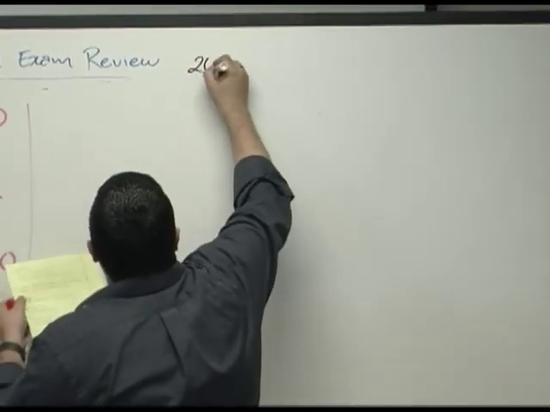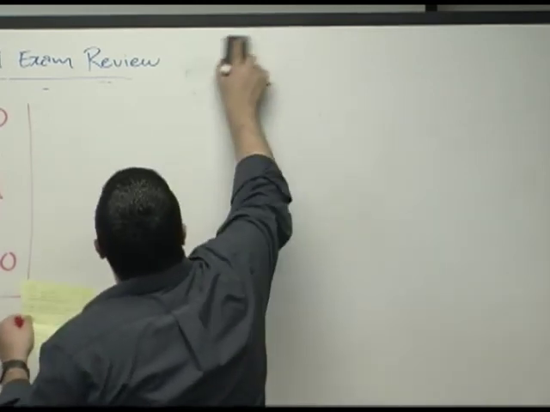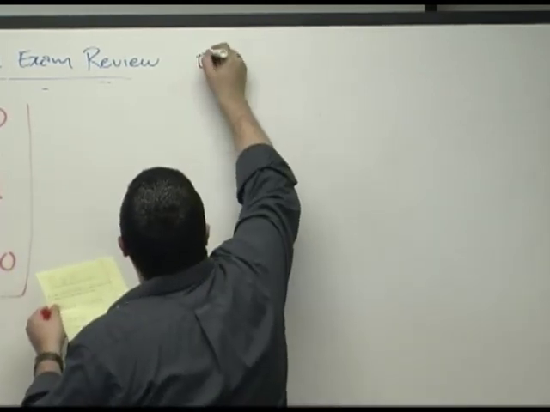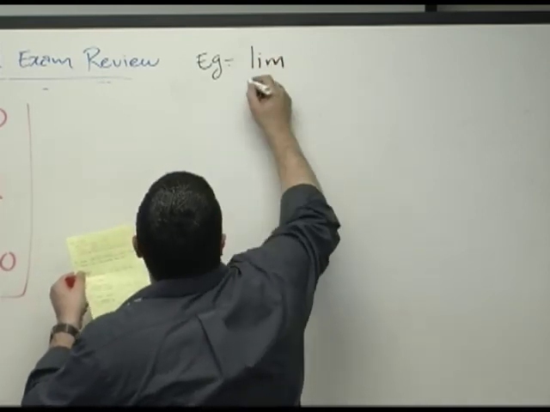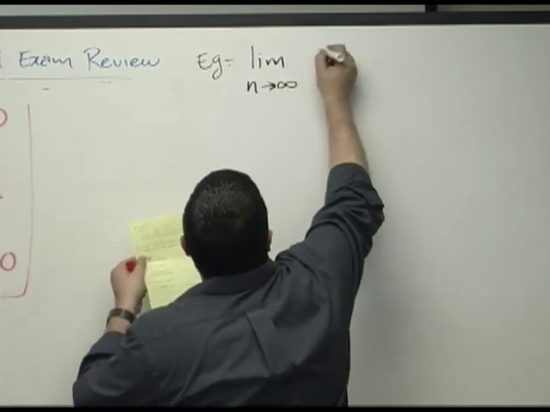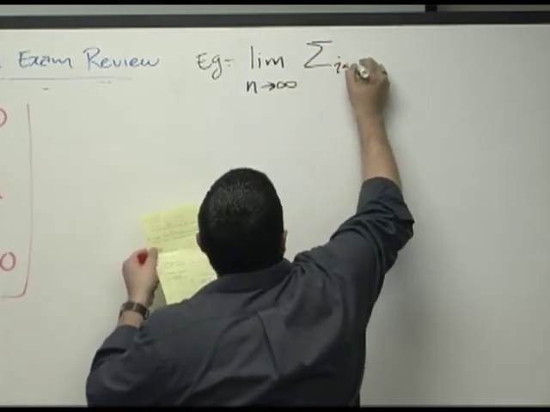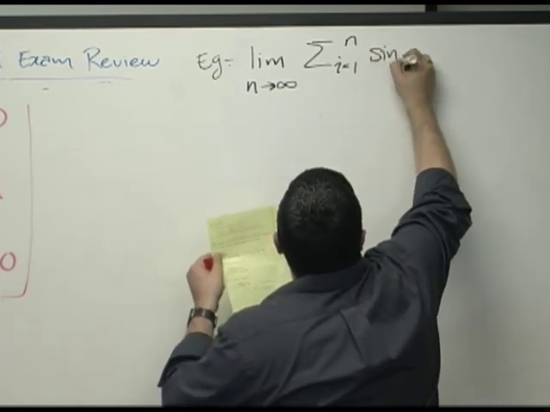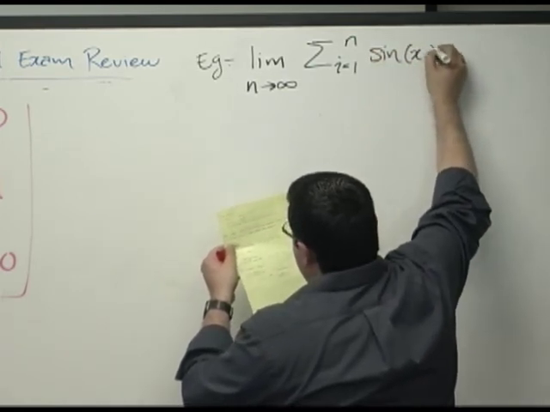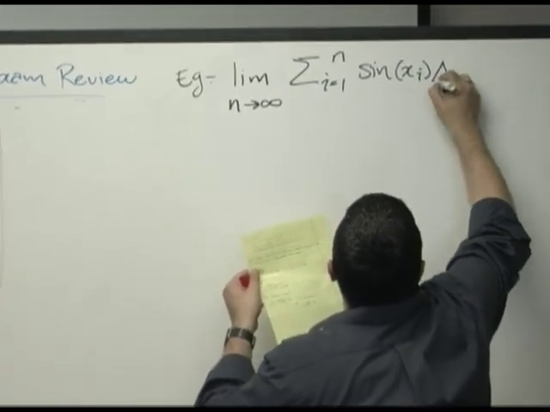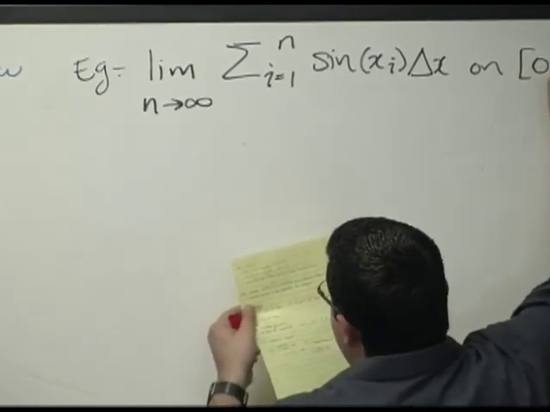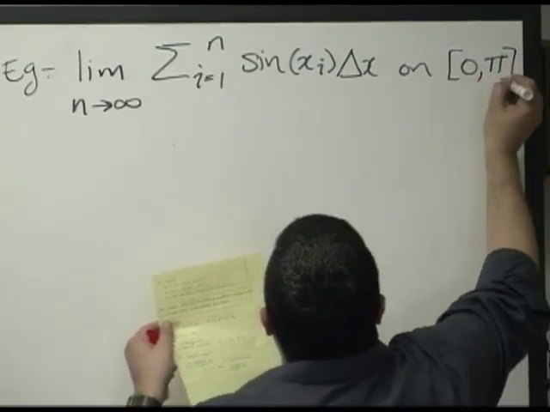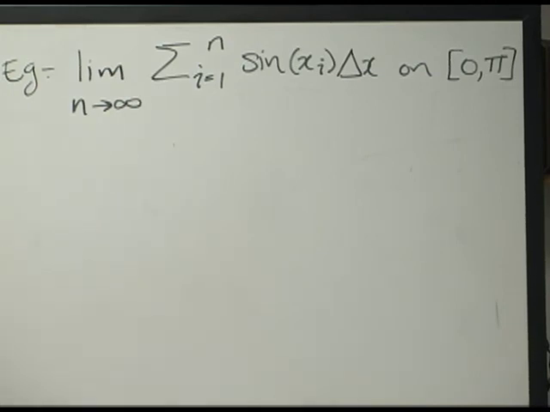How can I rewrite this as a definite integral on the interval from 0 to pi? Again, the idea is how can I rewrite this as a definite integral?